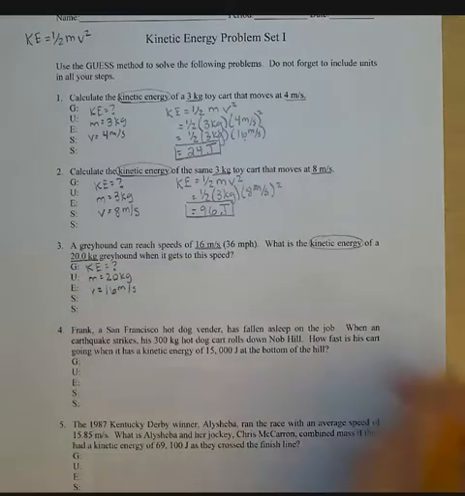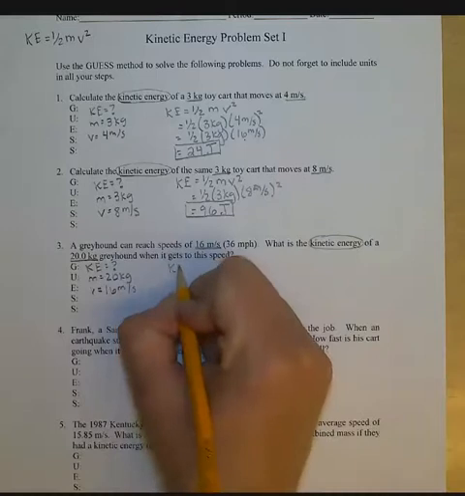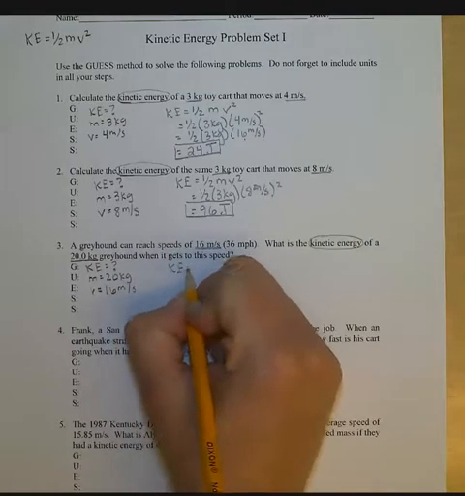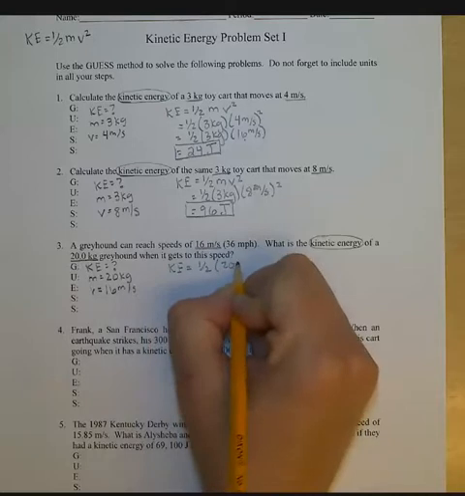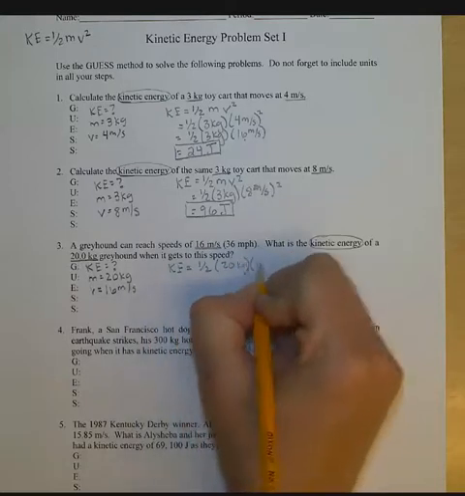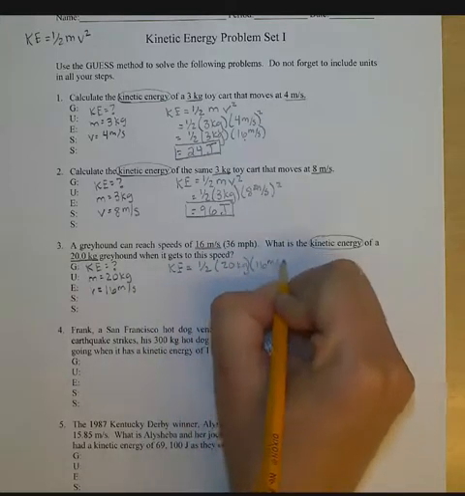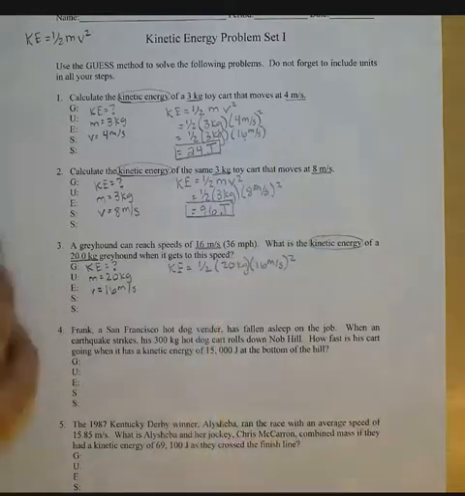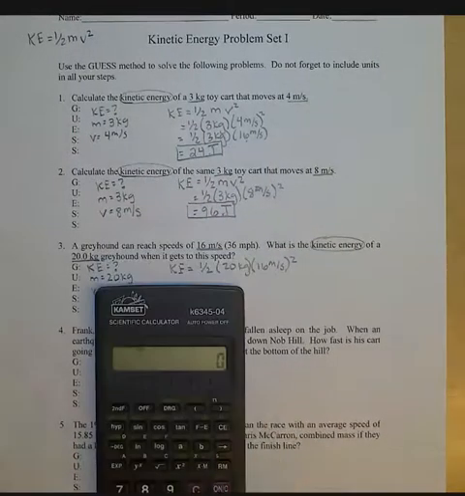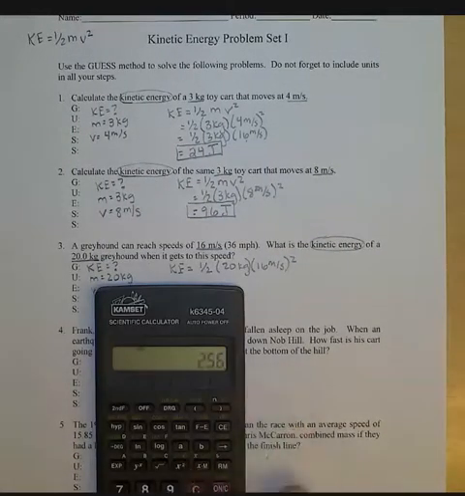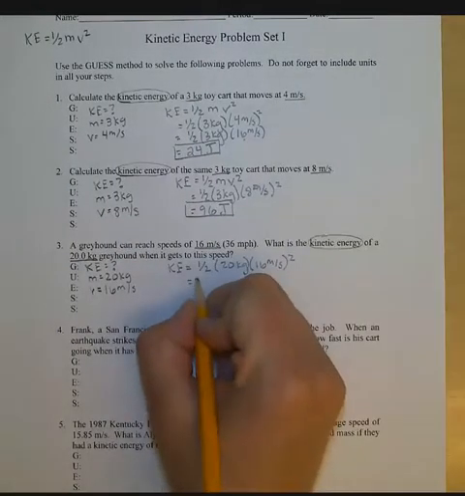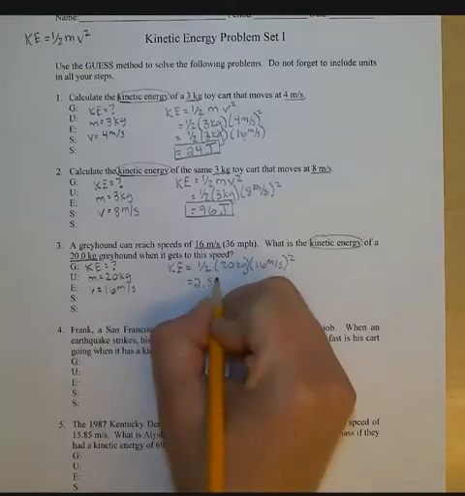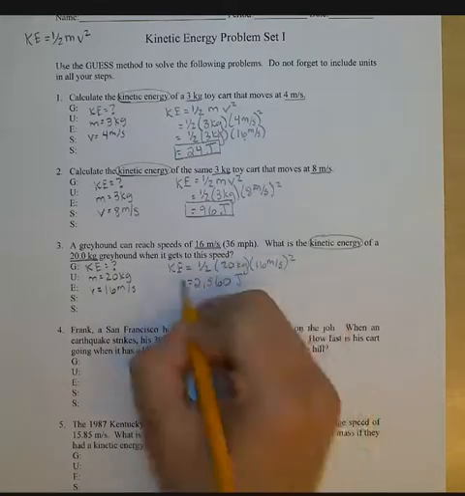So kinetic energy equals 1/2 times 20 times 16 meters per second squared. I'll square 16 to start, multiply that by 20, and multiply that by 0.5. That gives 2,560, of course in joules.